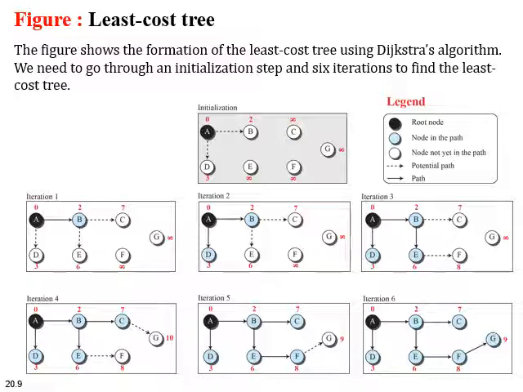Once B is added as a node in the tree to this root, it computes B's immediate neighbors. B's immediate neighbors are C, because B to C is 5, and A to C becomes 7, and B to E, the cost is 4, and A to E is 6.